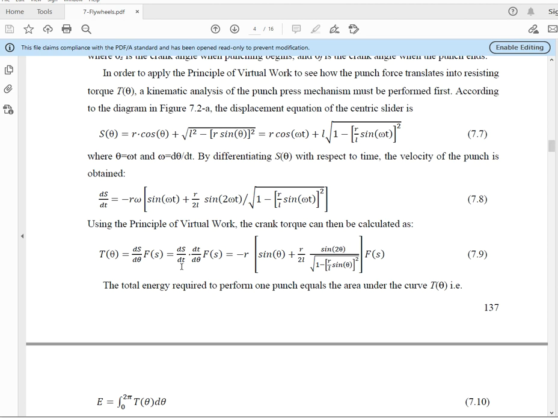You have ds over dt and not ds over d theta, but you can get it by saying ds over d theta, the crank angle, is ds over dt that you have, times dt over d theta, and this is 1 over omega.